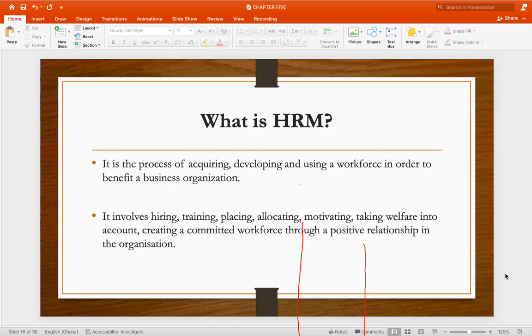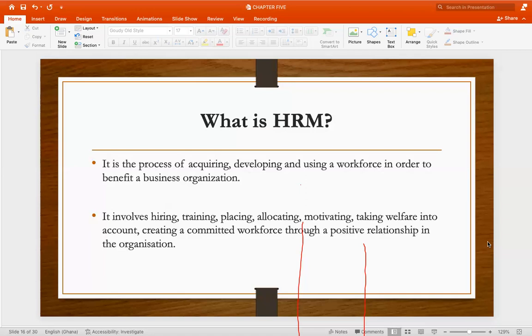And it involves hiring, training, placing, allocating, motivating, taking welfare into account, creating a committed workforce through a positive relationship in the organization. So if you have a very solid and good human resource management department that takes care of all these, then I don't think you would even have any problem.